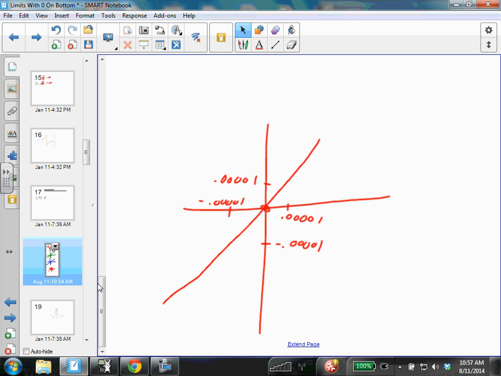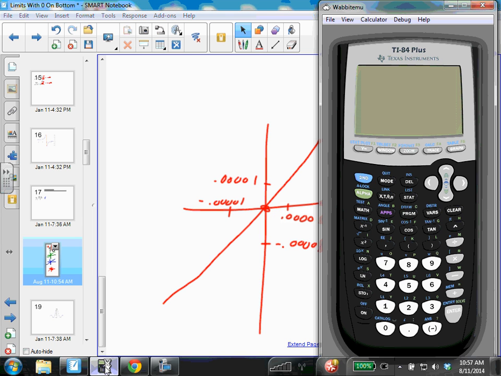We zoomed way in. But this is actually what happens in a sine graph if you got really, really close to 0, and you can actually do it on your calculator if you want to. We could all go to y equals, so humor me, go to y equals, clear this thing out, and just graph sine of x.